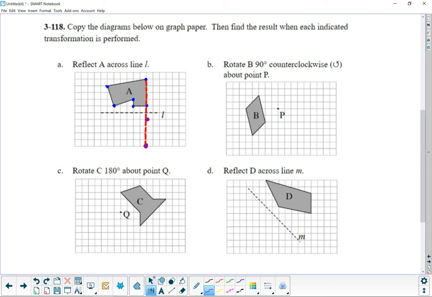Oops. Okay, start over. 1 unit, so I'm going to go 1 unit down and put my point there. Okay, this is 1, 2 units, so I'm going to go 1, 2 units down and put a point there.